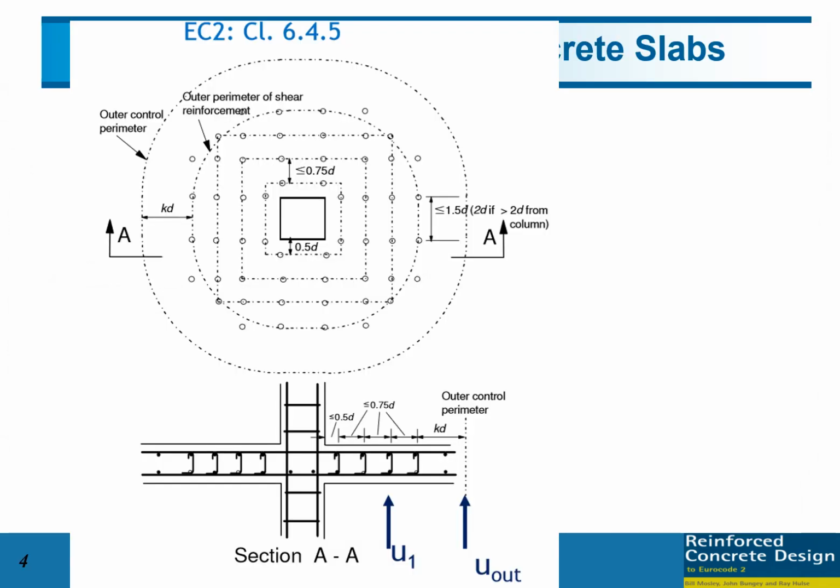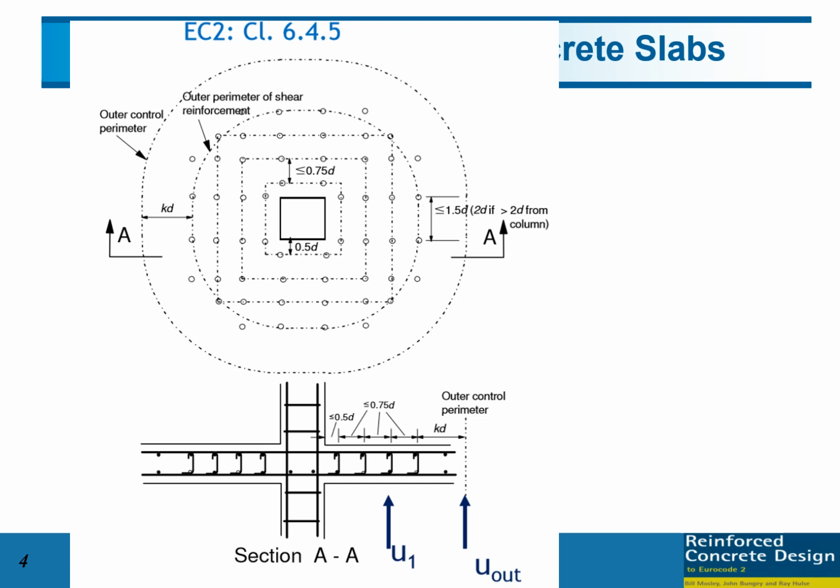Okay, so you can see here based on Eurocode 2 clause 6.4.5. So this at the center line is the column, and then the spacing between the links is 0.75d. Okay, and then the minimum distance from the face of the column to the first perimeter of punching shear reinforcement is 0.5d.